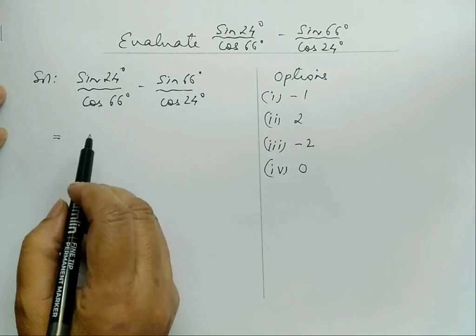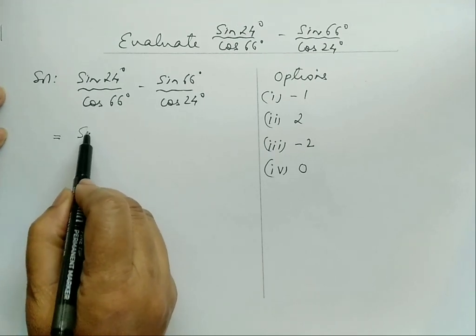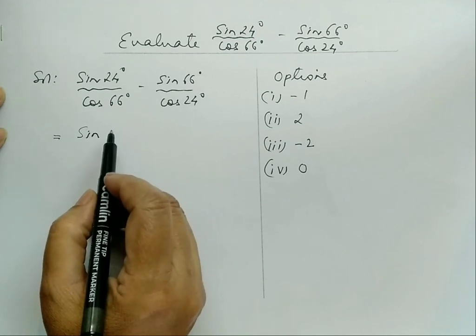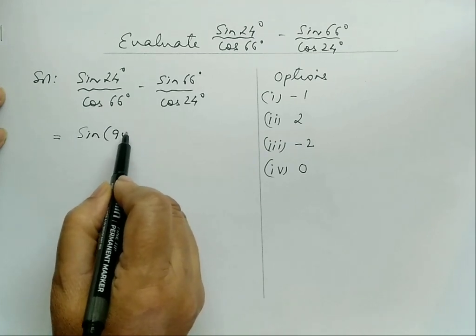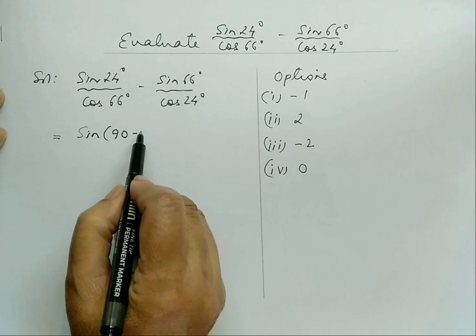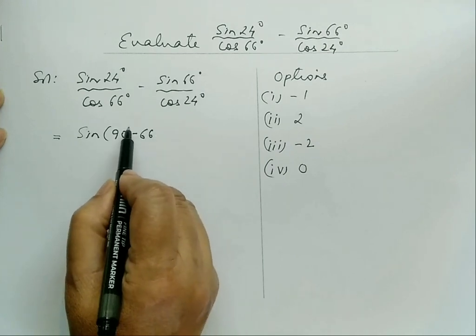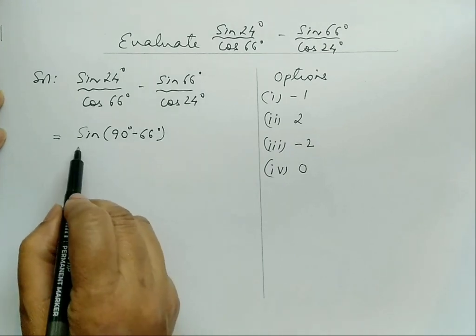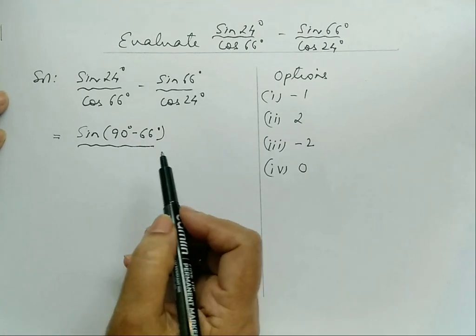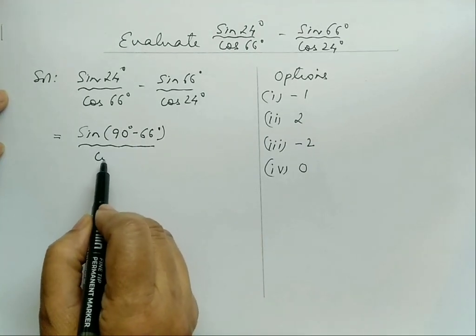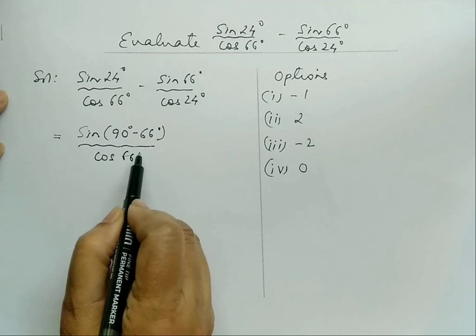Now, sin 24 degrees. Can we not write sin 24 degrees as a difference of 90 and 66 degrees? Of course we can. Now we try not to meddle with the denominator.